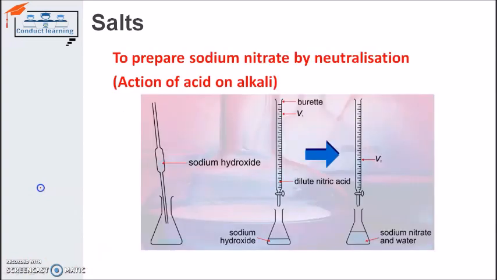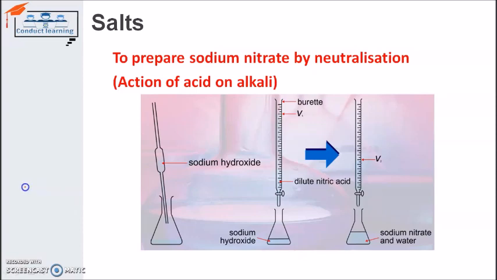So how to prepare a salt? We will understand by this activity. Here we will prepare a salt known as sodium nitrate, that is NaNO3. To prepare this salt we need two different solutions.